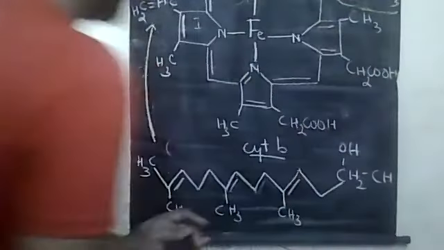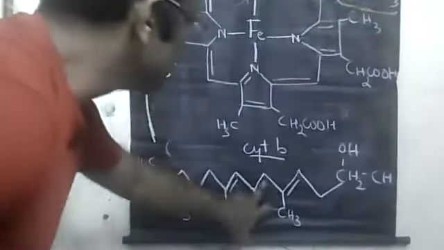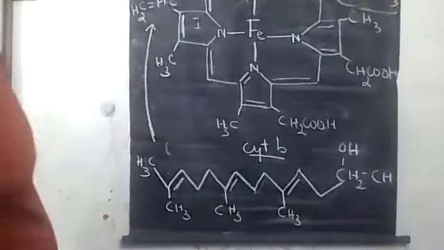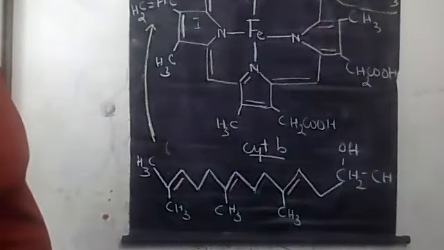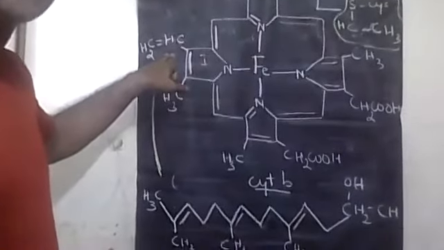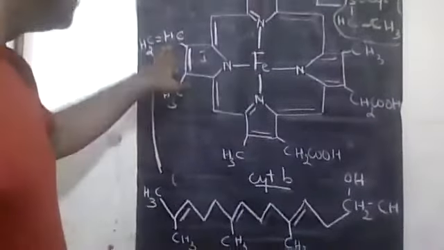So this double bond was mistaken. So put double bonds near CH3. This is the isoprenoid unit which will replace the CH2 here. Then we'll call it as what? Cytochrome A.